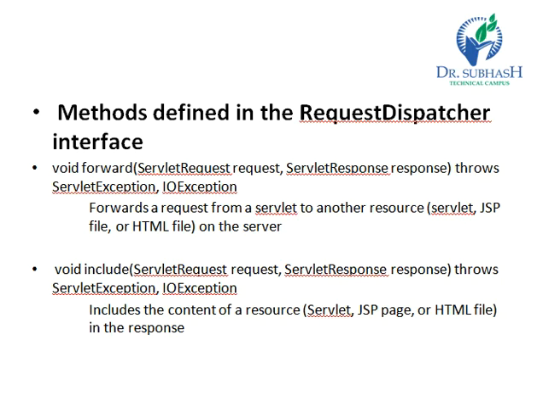Now we see the methods defined in the RequestDispatcher interface. There are two methods, void forward and void include. The void forward method has two parameters, request and response, which are basically owned by the ServletRequest class and ServletResponse class respectively.